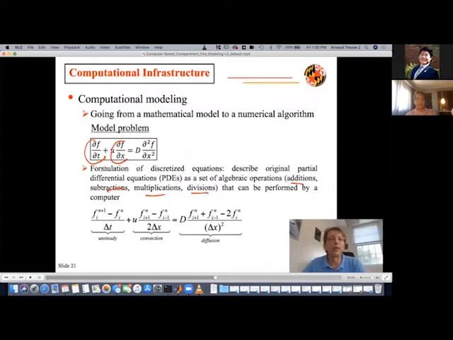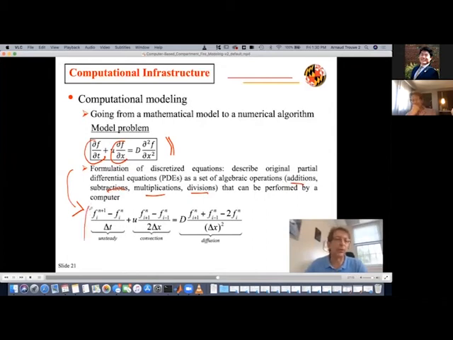So one thing that needs to take place when you develop a numerical algorithm is that you have to translate your high-level mathematical equation, using high-level mathematical concepts, into a lower-level set of operations that can be interpreted and executed by the computer. Again, the computer can only do addition, subtraction, multiplication, and division.